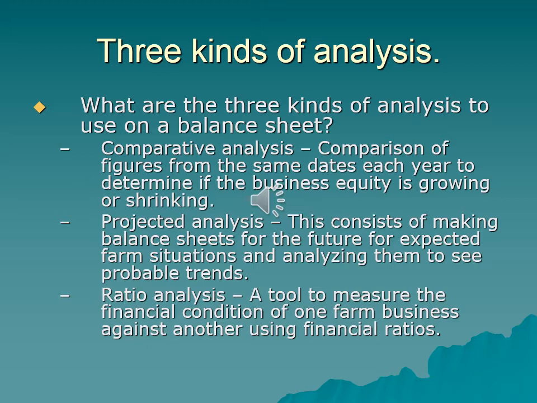Projected analysis: this consists of making balance sheets for the future for expected farm situations and analyzing them to see probable trends. As for ratio analysis, it is a tool to measure the financial condition of one farm business against another using financial ratios.